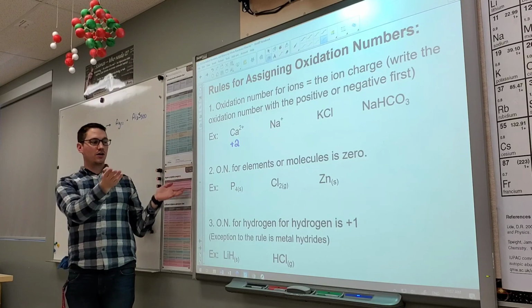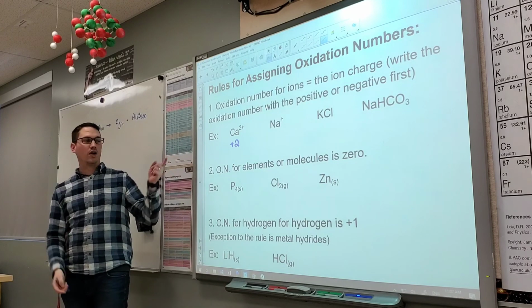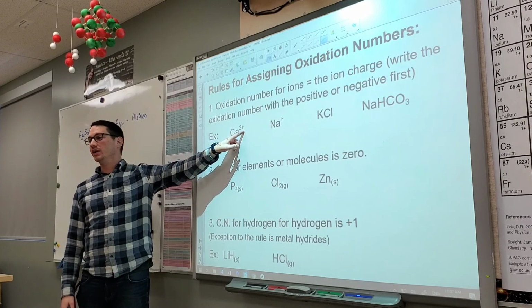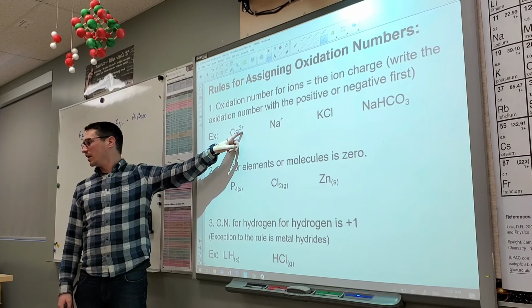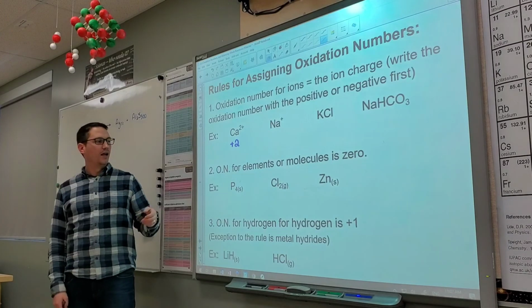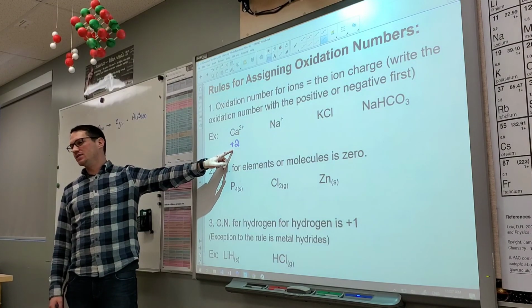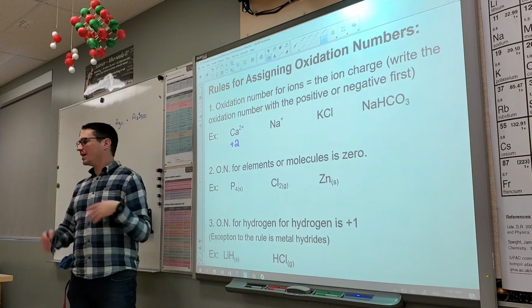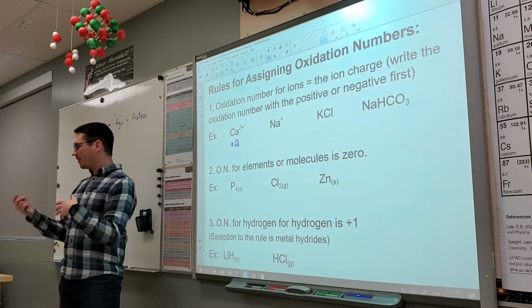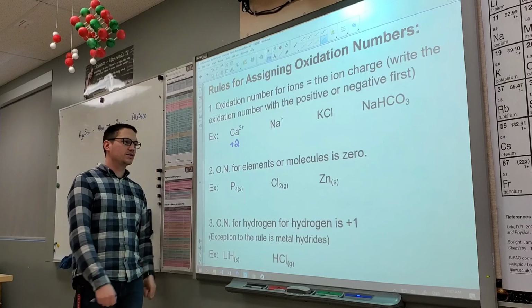Look at all the charges on your periodic table. They're number first and then sign, and that's kind of weird, right? But that's the way we write charges. 2 plus or 3 minus or something like that. But how am I writing my oxidation state? +2. I'm not going to dock you marks on it, but I just want you to understand that that's typically the way we write oxidation states.